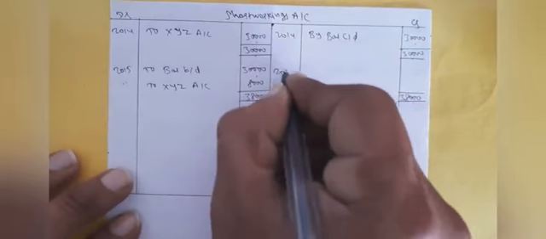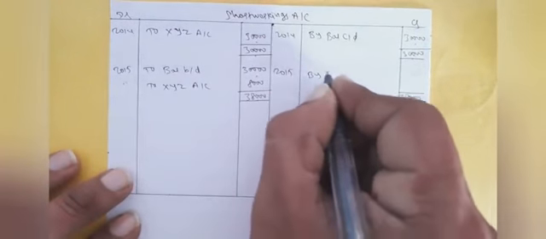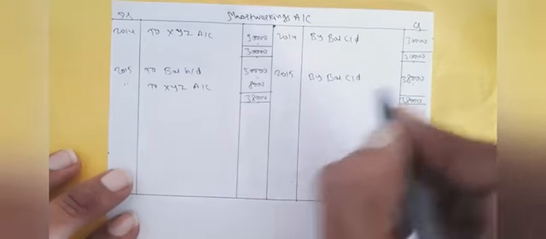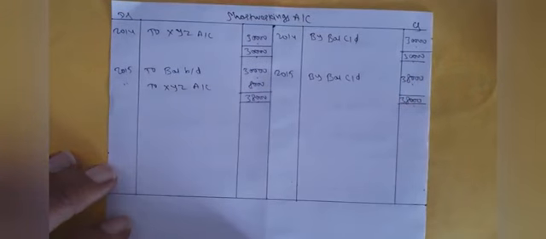So 2015 by balance carried down 38,000. Now in 2016 to balance brought down, so 38,000.